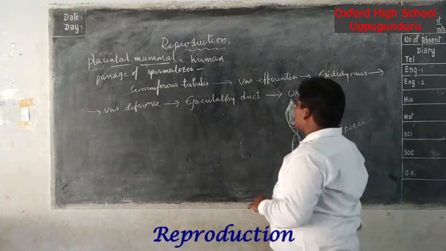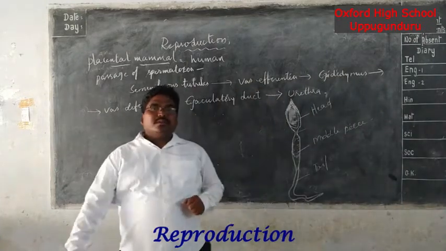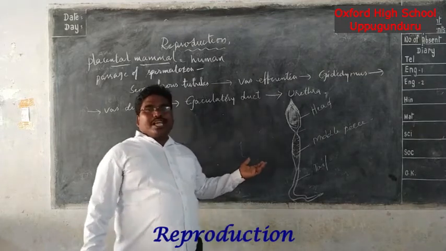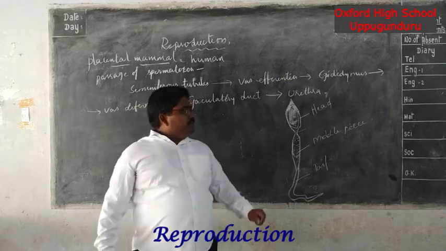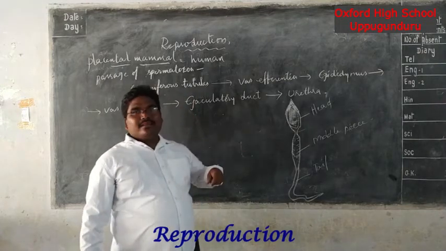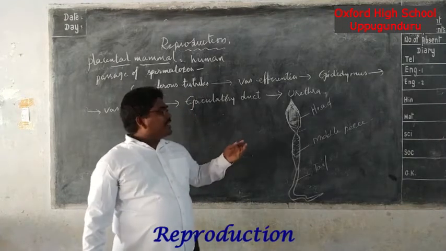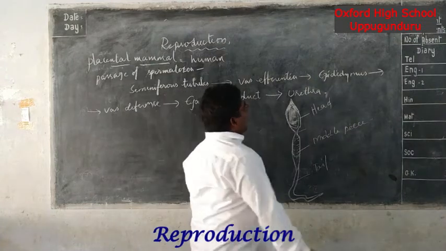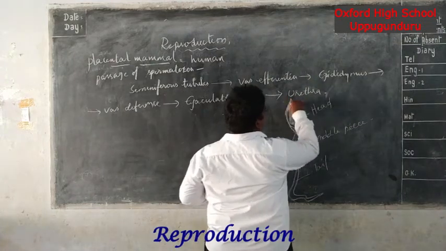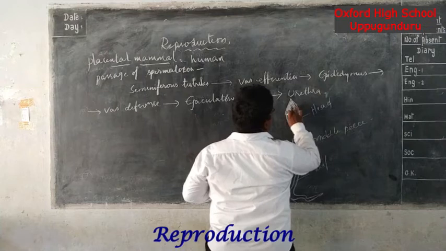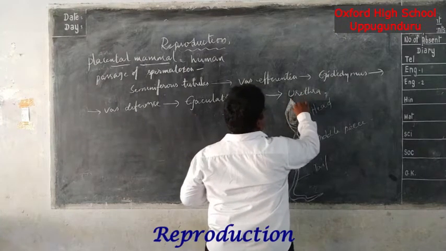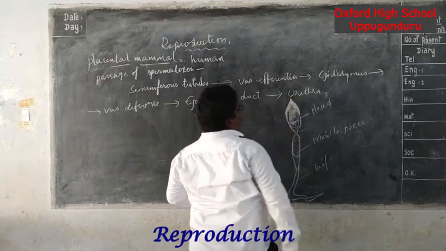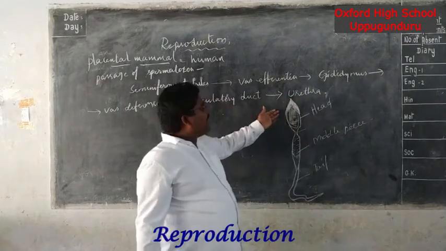So when it comes to the structure of the sperm, the sperm is the male reproductive gamete produced by the man. The sperm has a head which bears the acrosome.